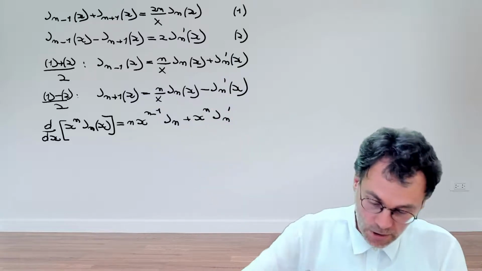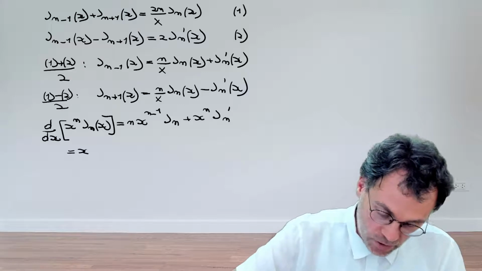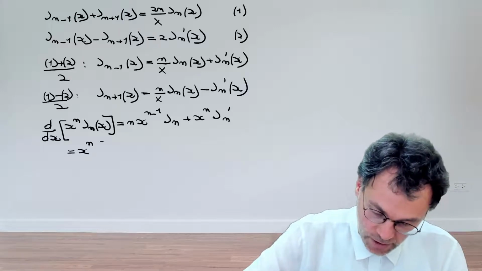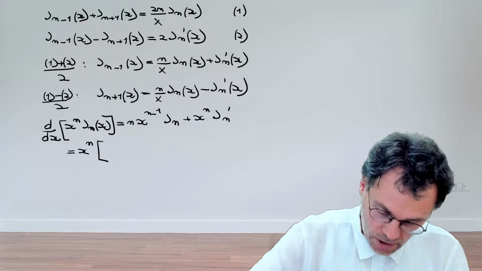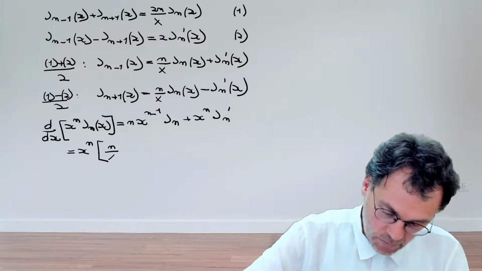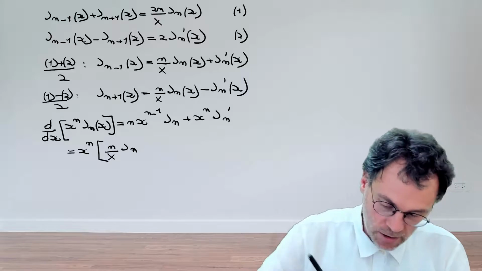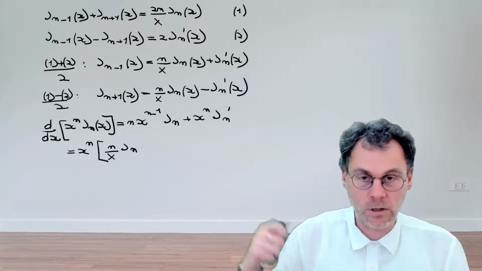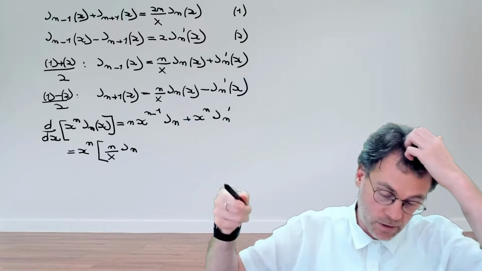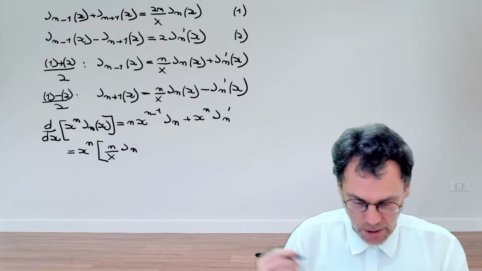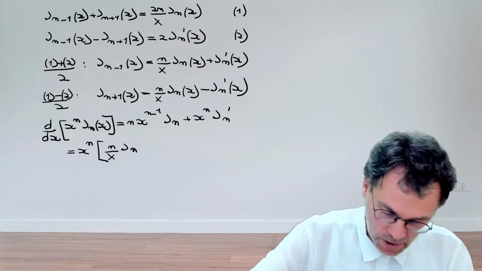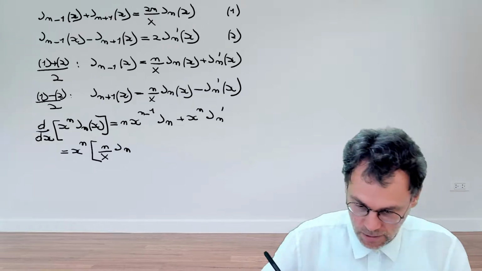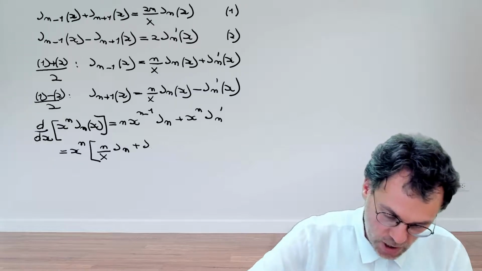So that suggests that we try and factor out this x^n. So x^n factored out gives us then n divided by x J_n. So that works, because then if we divide x^n by x, it indeed becomes x^(n-1). So that's good. And then finally we have J_n'.